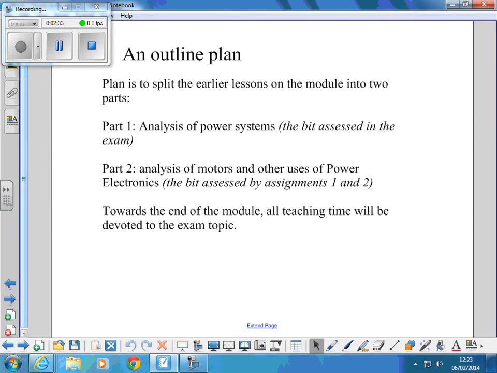So I'm toying around with how I'm going to fit everything in, and my current plan is, after this week, to maybe split the session between a little bit of power systems analysis and some calcs, together with some work on motors and drives and bits and pieces. And then towards the end of the module, when the 2 assignments are finished, we'll do the analysis of power systems for the whole session.